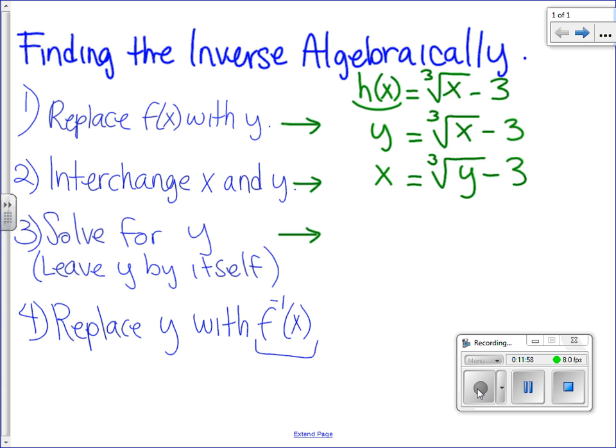So what I prefer to do is think like this. What is this negative 3 doing to the y? Subtracting, right? So if I move that across the equal sign, it's going to change to its inverse operation. What is the inverse operation of subtraction? Addition, right? So we will have x plus 3 is equal to the cube root of y.